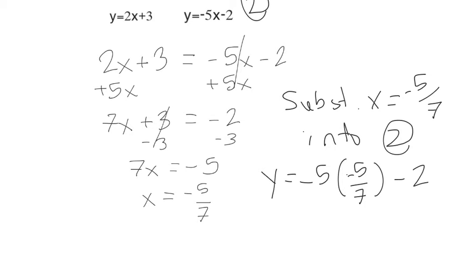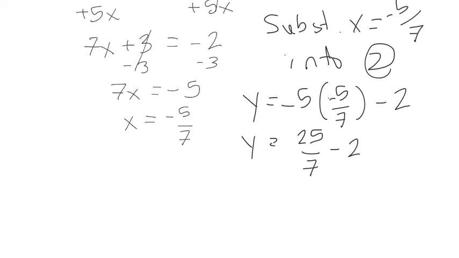I have to be a little careful here that I don't make a mistake with my signs. So I keep on going. y equals positive 25 divided by 7, subtract 2, and then I have to subtract 2 from 25 over 7, so y equals 11 over 7.